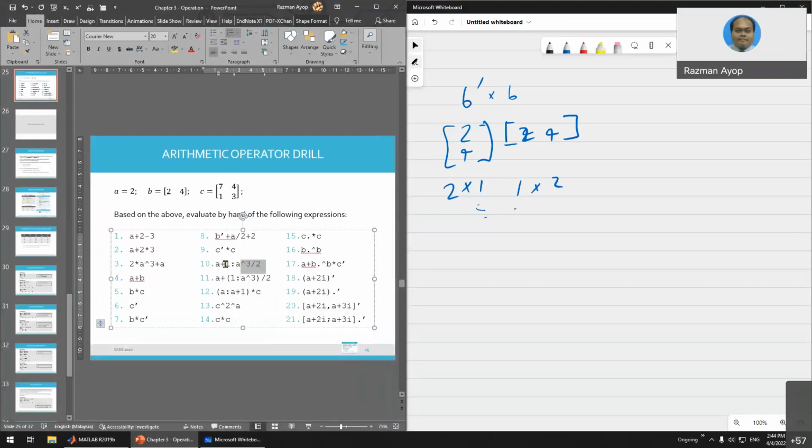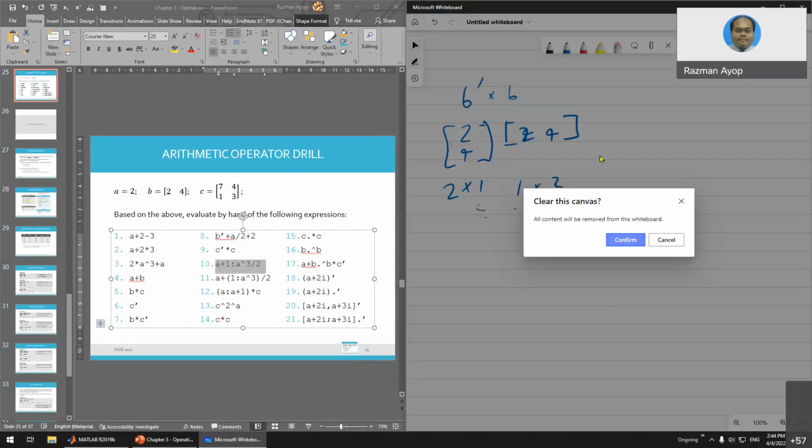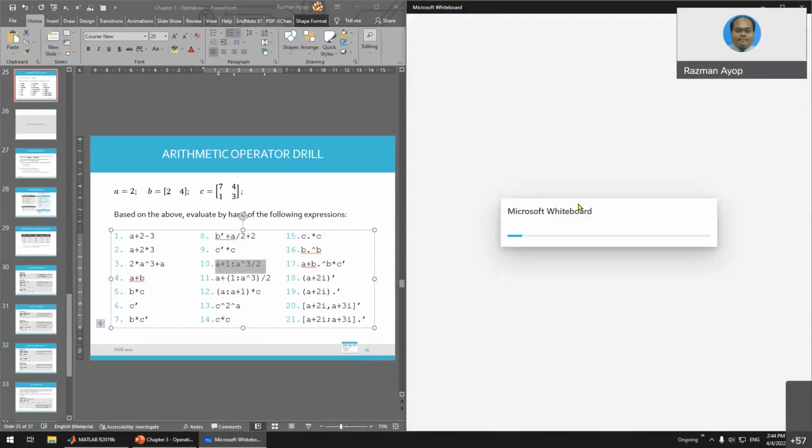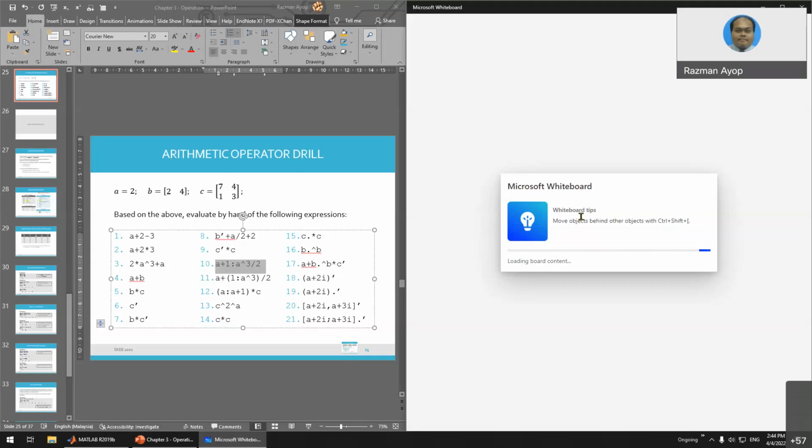How about the next? This one is tricky because you have a semicolon. Let me clear this first.